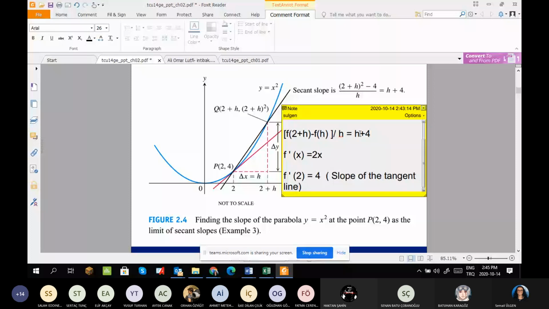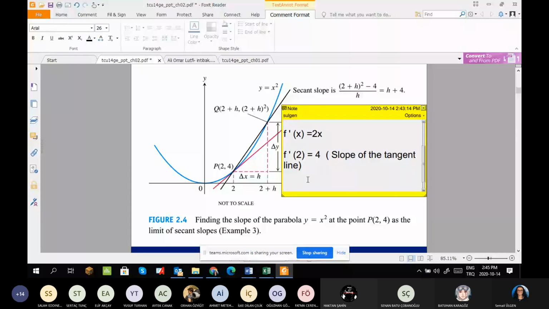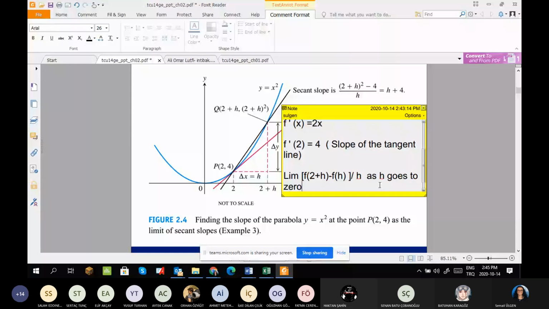So they match. In other words, later on we are going to see that if you take the limit of this as h goes to 0, we get that the limit is 4. Okay, they are all related.